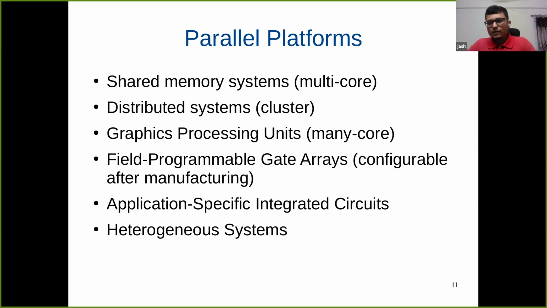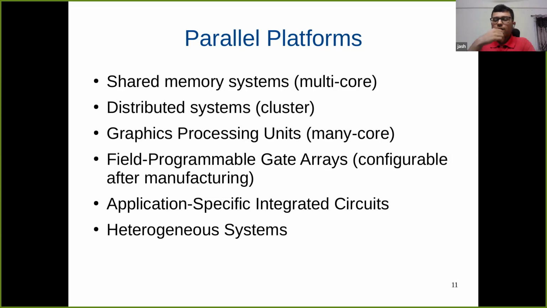For a particular scenario, let's say you want to place some IC inside a nuclear reactor, then you can't just go inside the nuclear reactor and fix your IC, right? If something happens, in that case you might need something like an FPGA, which can be configured after manufacturing. I hope this is clear.